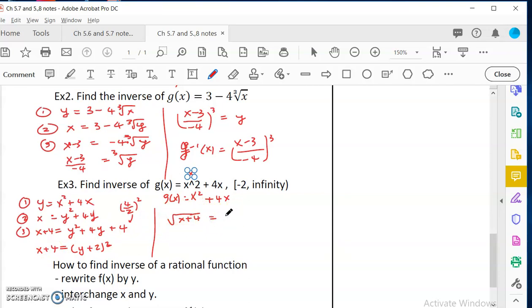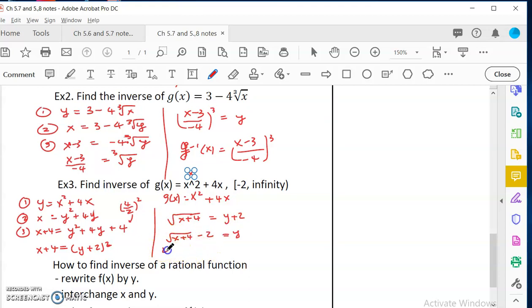This would be equal to y plus 2. It's always a positive number. If you start from -2, 3, 4, these are always positive, so I just take the positive. And to solve for y totally, you minus 2 on both sides. So it'll be the square root of x plus 4 minus 2.